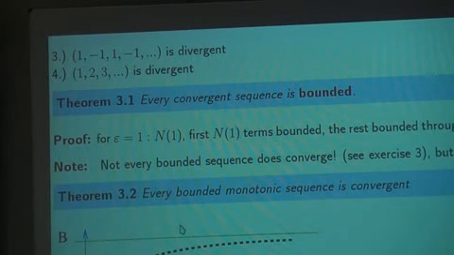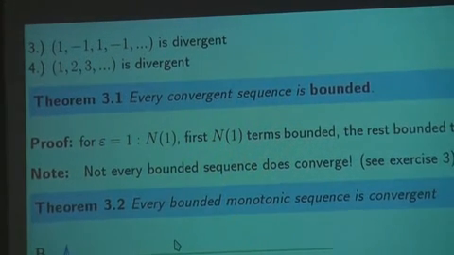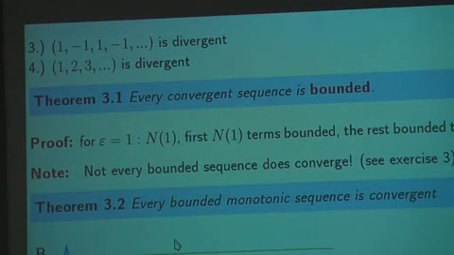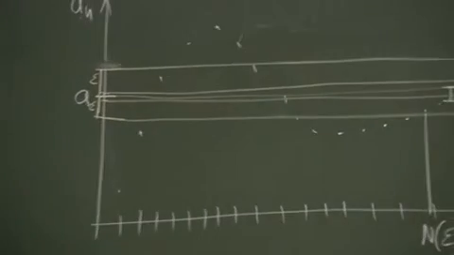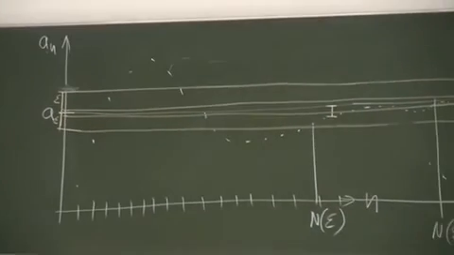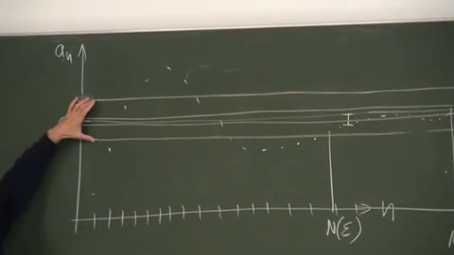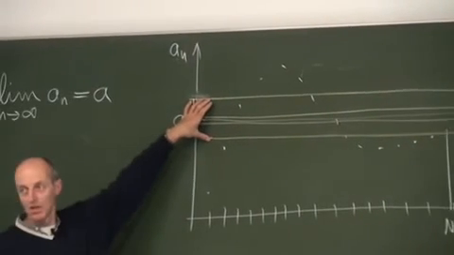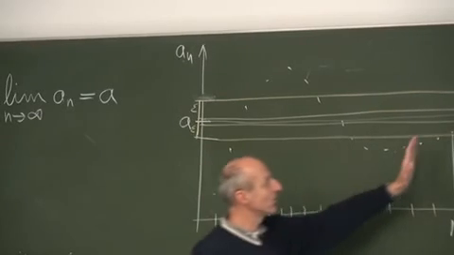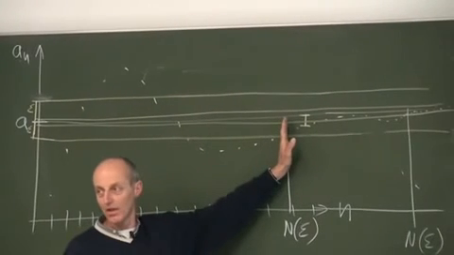Every convergent sequence is bounded. Look at this picture before we think of the proof. The idea is the following. Look at this 2 epsilon ribbon.